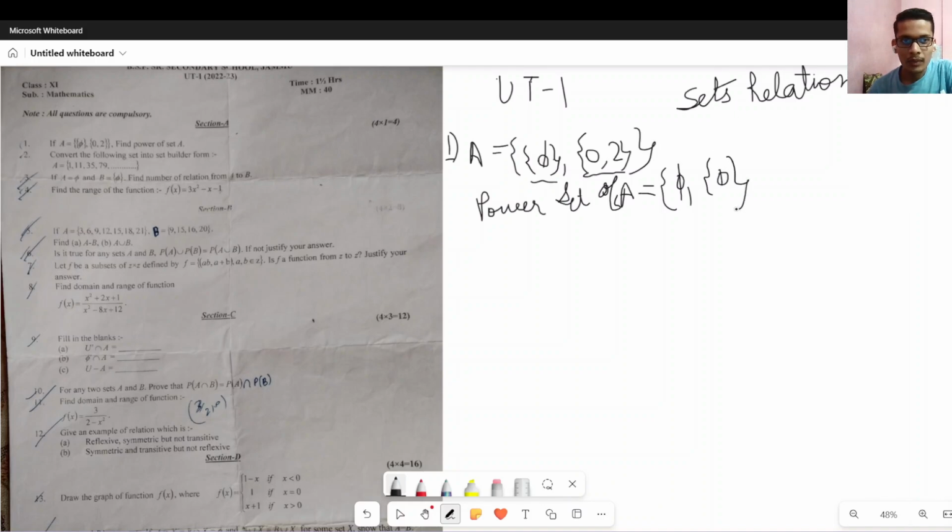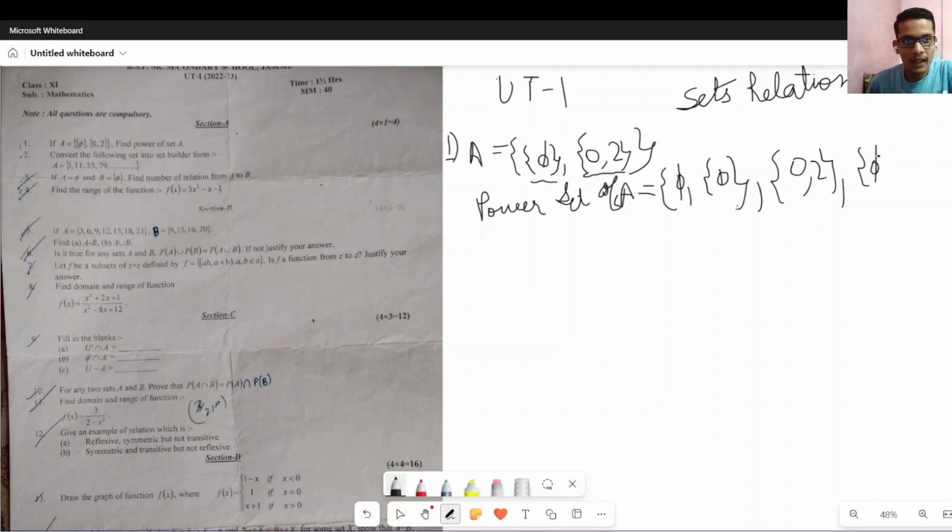These two are different, and the third one will be curly braces 0 comma 2, and the next one will be the whole set itself, as we know that every set is a subset of itself.